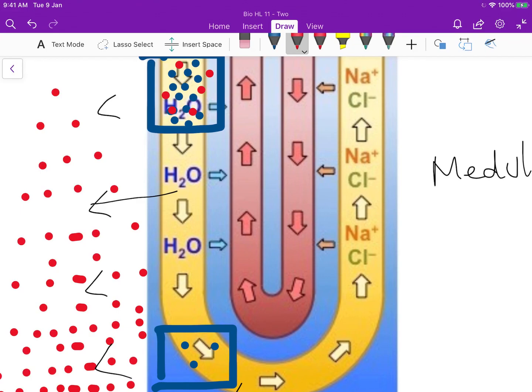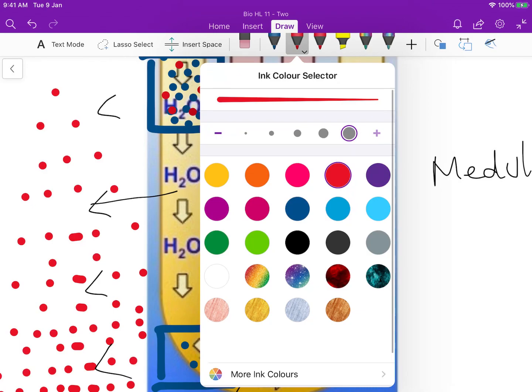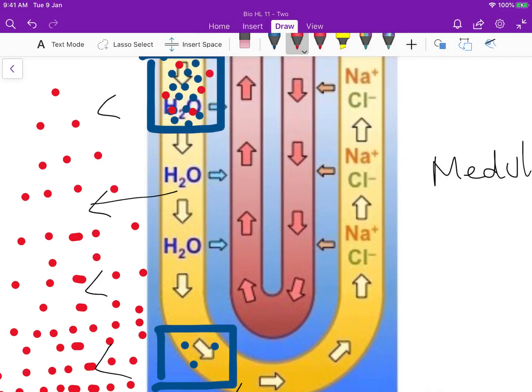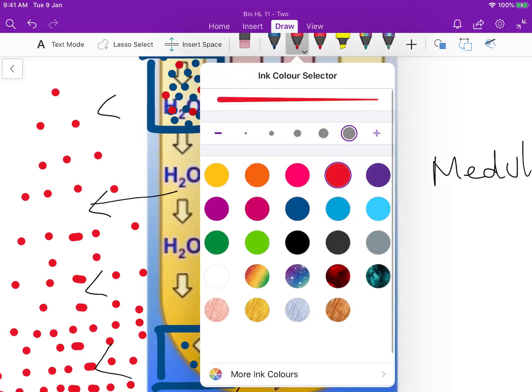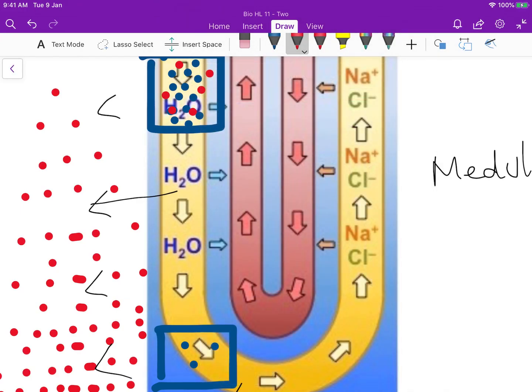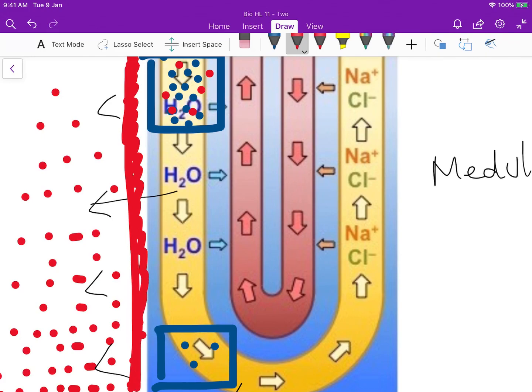Now those salts could potentially be being moved as well. And so here's what the loop of Henle does. It puts a barrier to the salt. The salt cannot move.